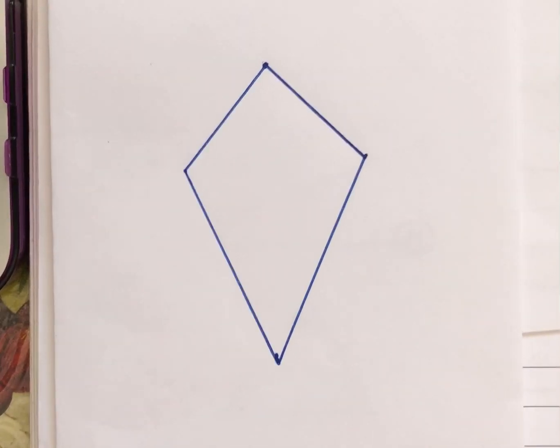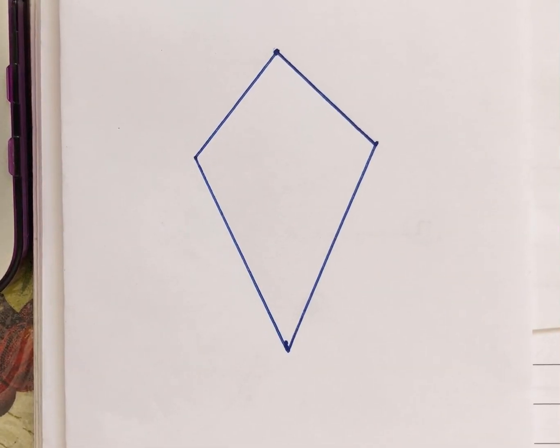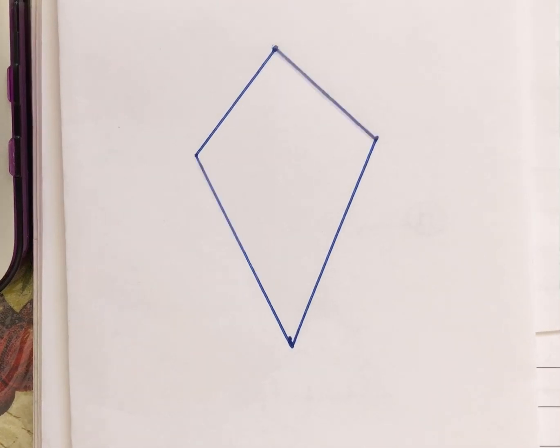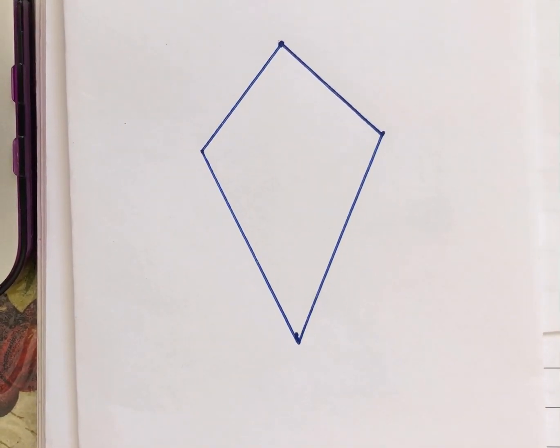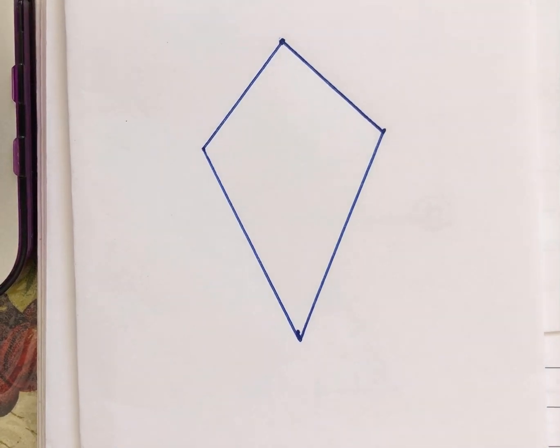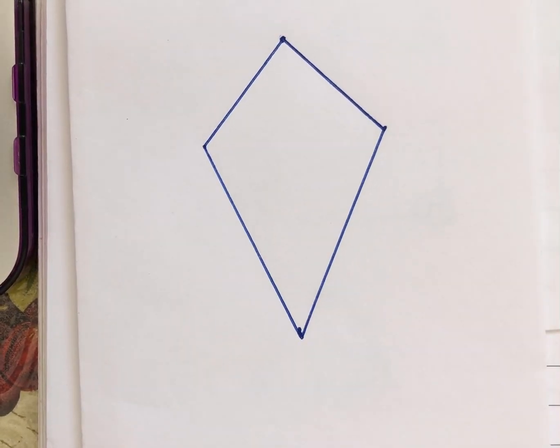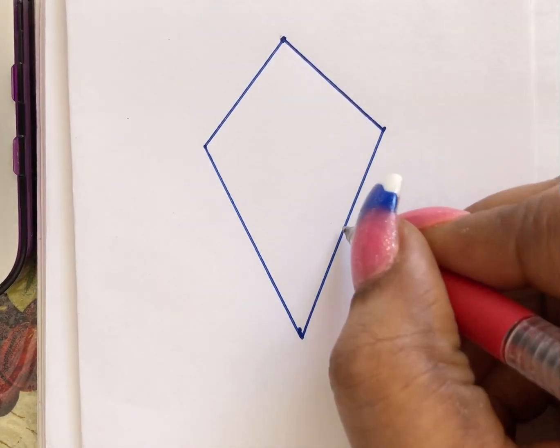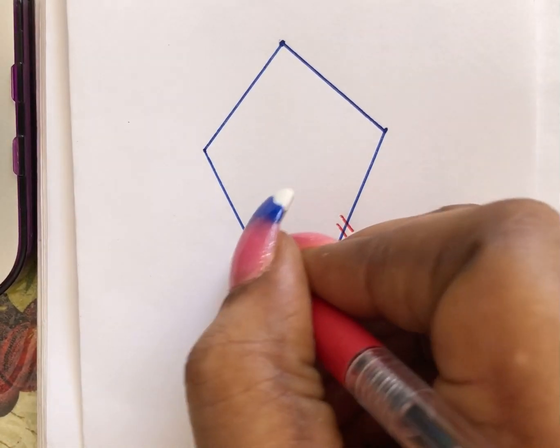What does this look like? Again and finally, because this is the last one we are going to look at, it is a quadrilateral that has 2 pairs of equal length sides, and these sides are adjacent to each other.